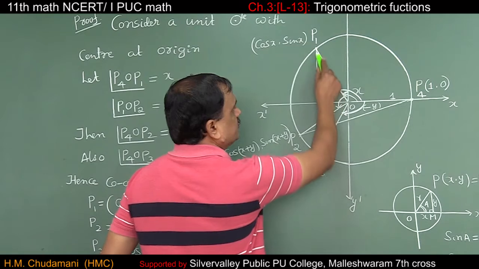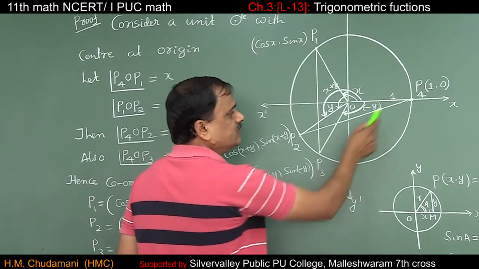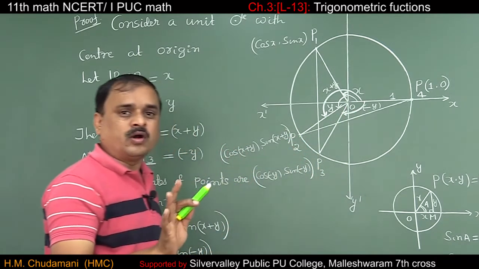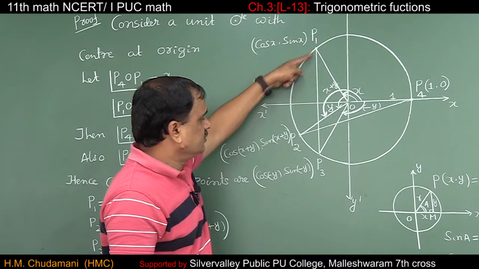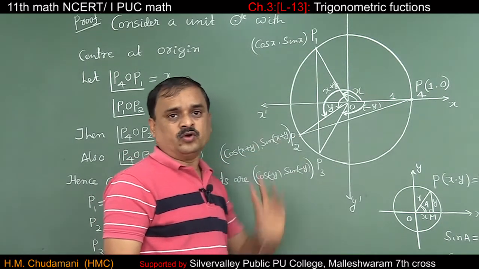Clearly, P1 O P3 and P4 O P2 are congruent triangles. So therefore, the sides P1 P3 is equal to P2 P4.